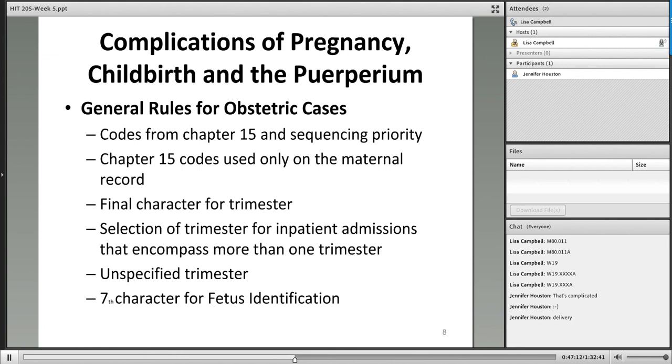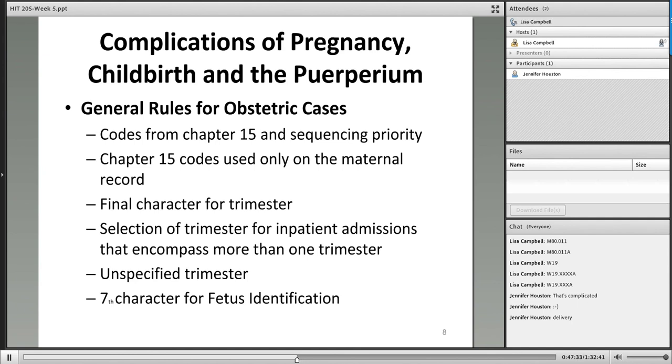The reason that they put this note here, this note was not here when I first started learning ICD-10. They put the note here because in your brain, in my brain, you're like, okay, we should have Z36, and then Z37, and then Z38, and Z39.